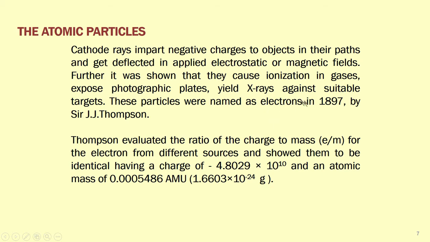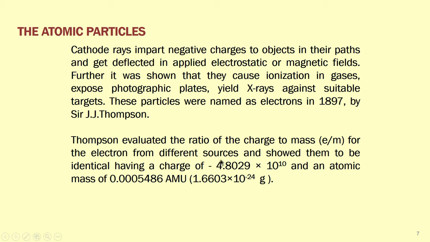Okay. So, in 1897 Sir J. J. Thomson did that experiment, and whatever rays were coming out, he called them electrons. Thomson evaluated the ratio of the charge to mass, that is e/m, of the electrons from different sources, and showed all of them to be identical.